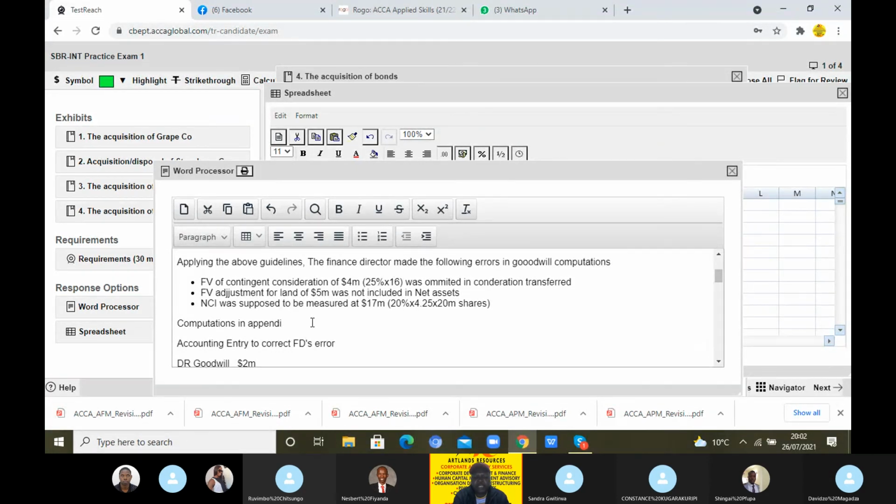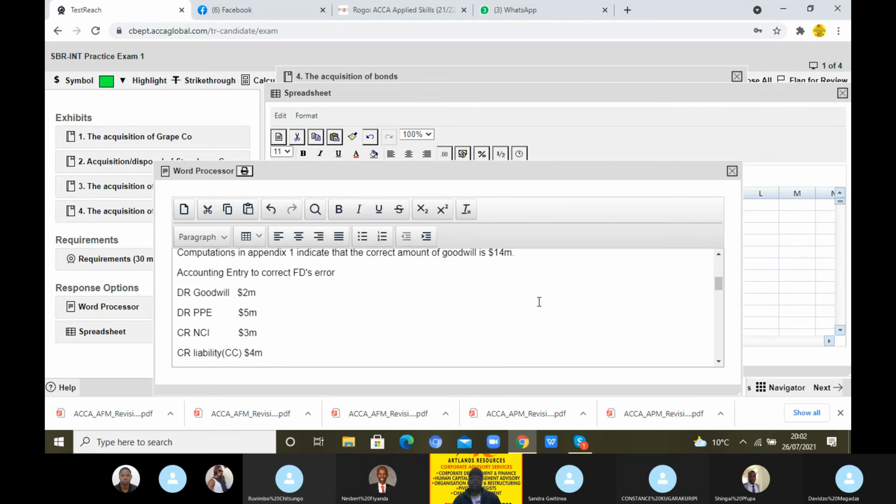You have to reference computations in appendix 1 to indicate that the correct amount of goodwill is 14 million. That's what I would do, because I've already referenced that computations are in appendix 1. And then the journal entries to correct FD's error. So that's it. It's a matter of referencing.